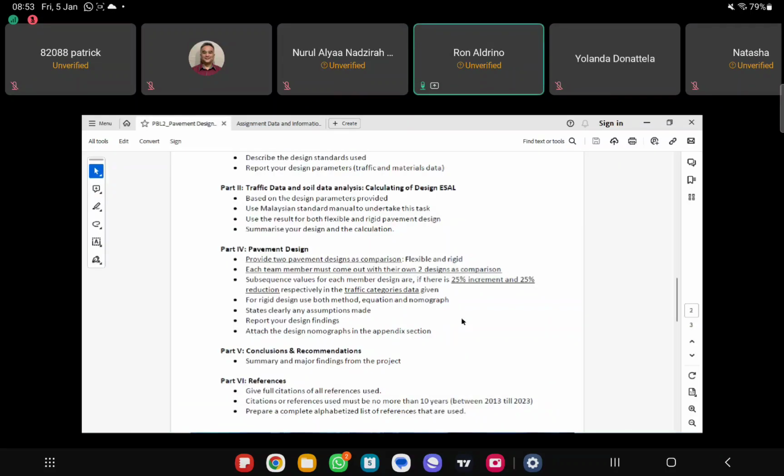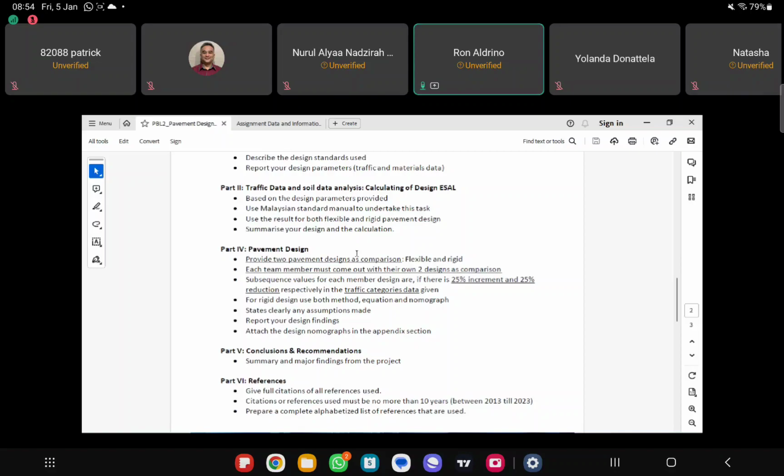Majority of you have 5% in the group. So you can decide yourself how many of you are going to do 25% increment or 25% reduction, and also the original traffic.